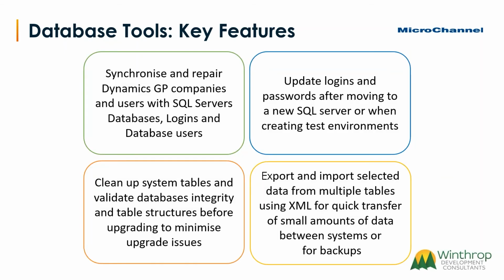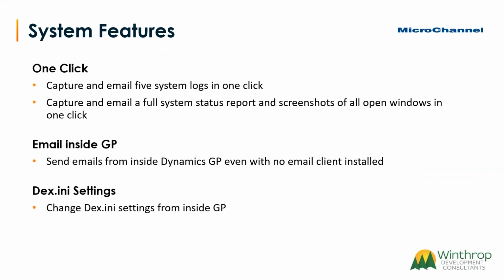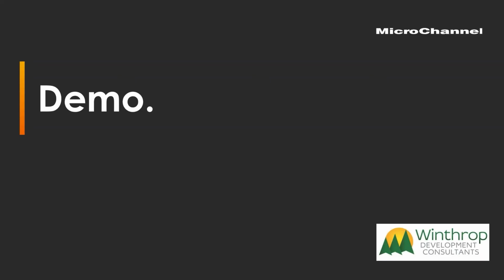Database tools is everything that would help the database administrator ensure that your system is running smoothly, including helping you move servers and making sure updates are smooth. The system features cover the ability to capture logs and the ability to capture screenshots, and I'll be demonstrating those shortly.